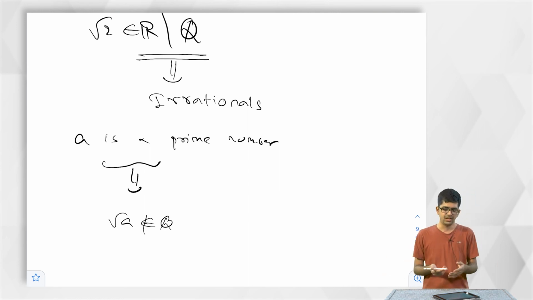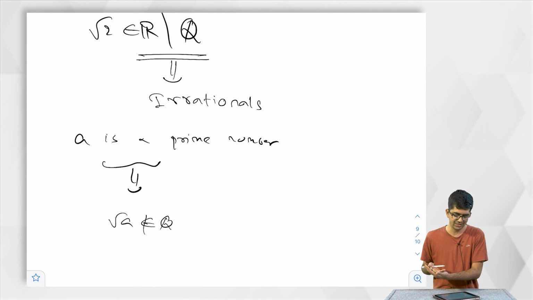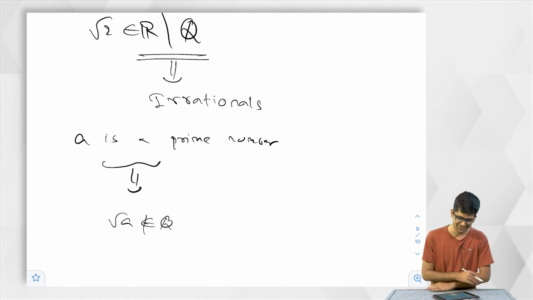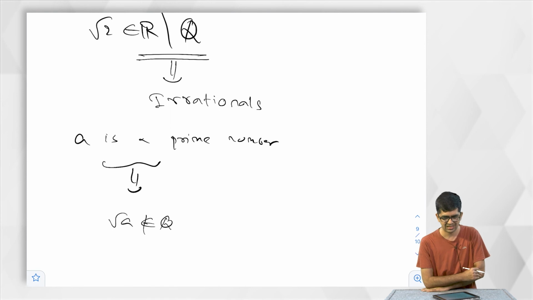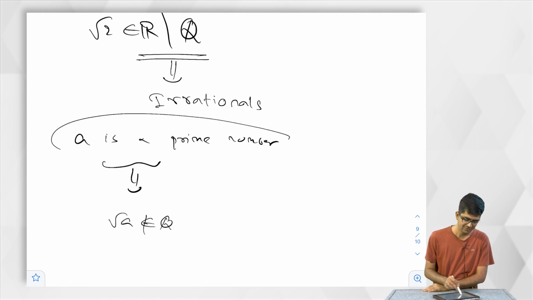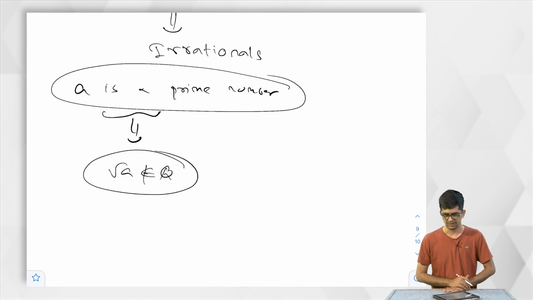The same idea: we collect all elements whose square is less than A, we collect all elements whose square is greater than or equal to A, then the completeness property says there is an element S which satisfies the obvious condition I mentioned before, that its square is equal to A. So root A is an element of R, but if A is a prime number, there is a high chance that root A is an irrational number.